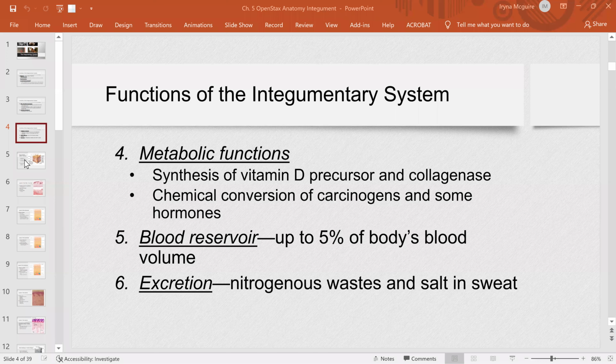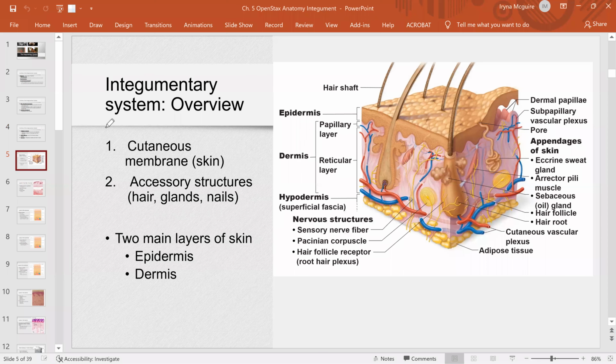So this slide, we kind of covered it a little bit, right? We said that the integumentary system is made of the cutaneous membrane or your skin, the biggest organ of the integumentary system, and accessory structures such as hair, glands, and nails.